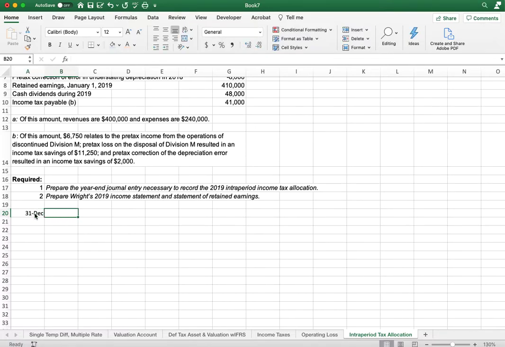So December 31st, we're going to have our income tax expense, and then we're also going to have these other things that are listed here.